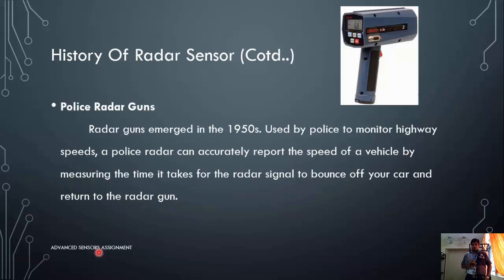And this is the first use of radar as a speed sensing device. Here it produces radar waves. Whenever it strikes, the complete process is done inside and produces the speed on the monitor. And this is called a police radar gun.